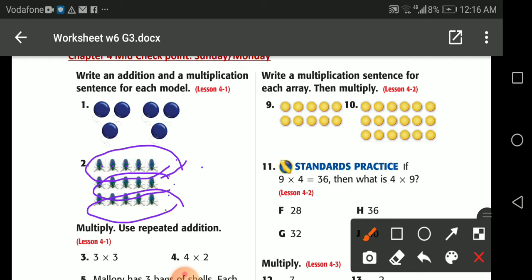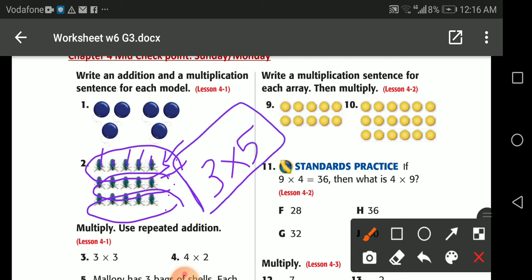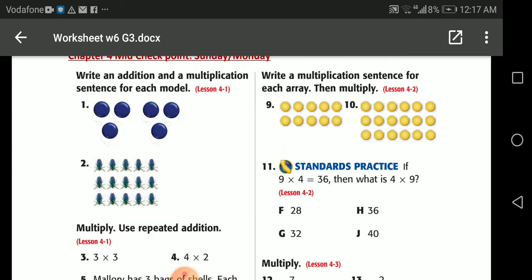So 3 groups, as I told you, multiply how many ants are inside each group. 1, 2, 3, 4, 5 ants. So it will be 3 multiplies 5. This configuration or this figure is called an array.